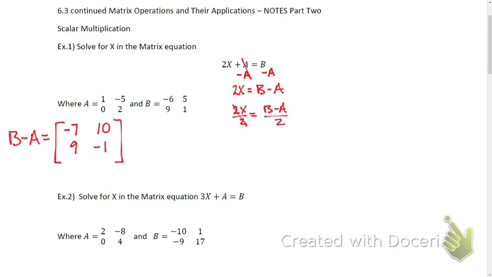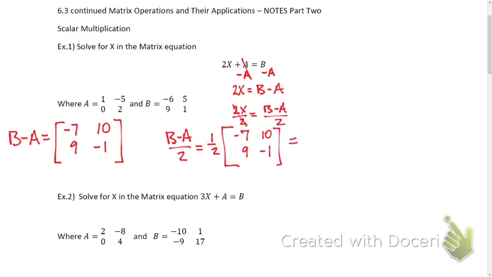And then we need half of that b minus a matrix. So if you want to write it like this, there's a few different ways you could write it. You don't have to rewrite this, but it kind of lets you organize or visualize your steps ahead.